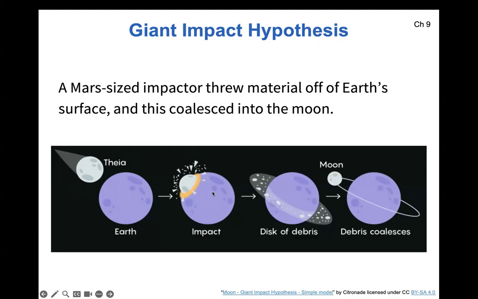It crashes into Earth, causing so much ejecta that much of it is far enough away that, instead of coming back down to the surface, it has great enough velocity to be in a stable orbit, or at least an orbit it can maintain, and then coalesce into other material, which collectively will gain a stable orbit. So that would be the impact leading to the coalescing, and the final result being the moon.